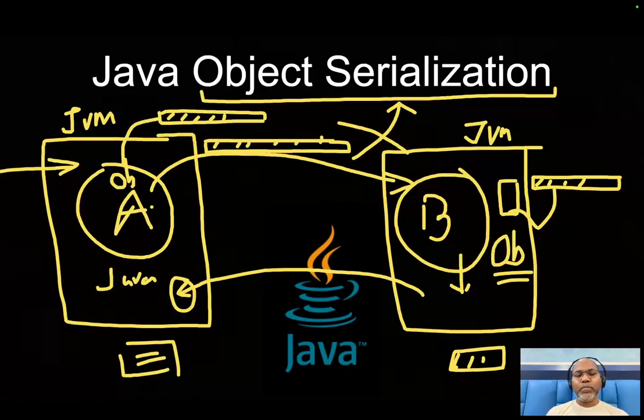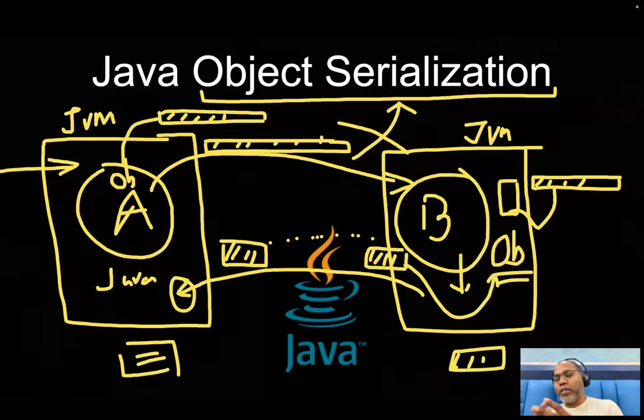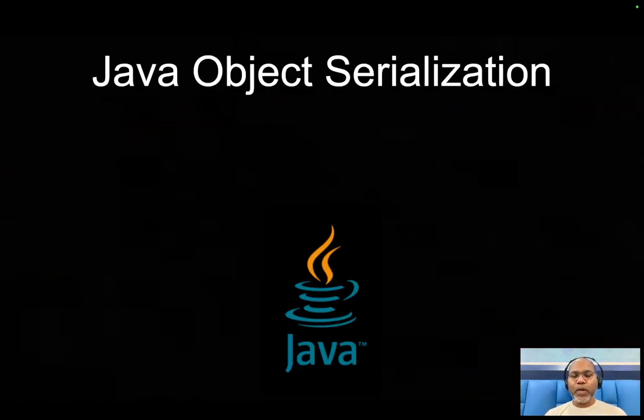Once service A wants to send to service B, it serializes whatever Java object it has into a stream of bytes, and this stream of bytes slowly reaches here. Now this stream of bytes can again be converted to the same Java object in service B. This is the serialization and deserialization process. So let's talk a little bit more.